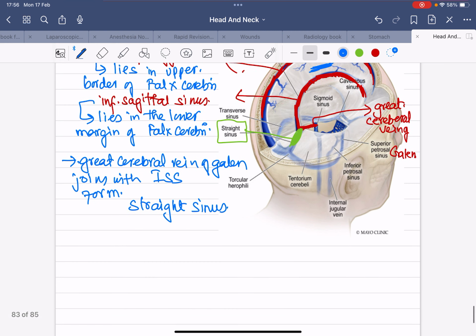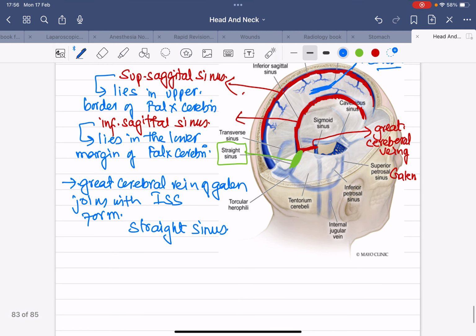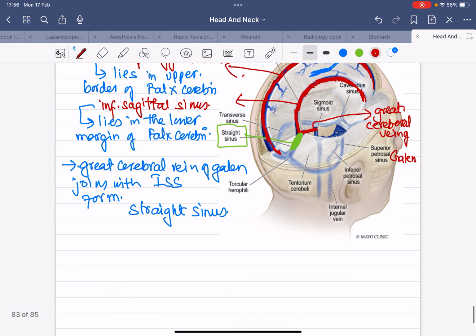Now see here, this straight sinus is going to join with this superior sagittal sinus here. This part, which I am now drawing in dark blue color, where the superior sagittal sinus and the straight sinus are joined together, is known as the confluence of the sinuses.